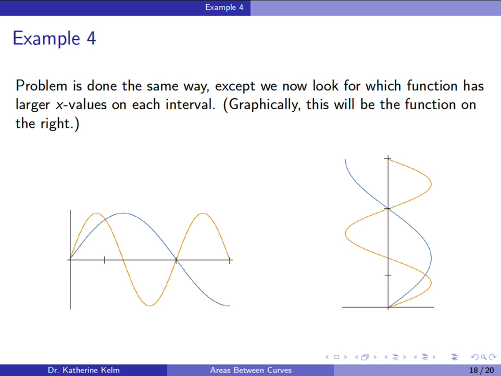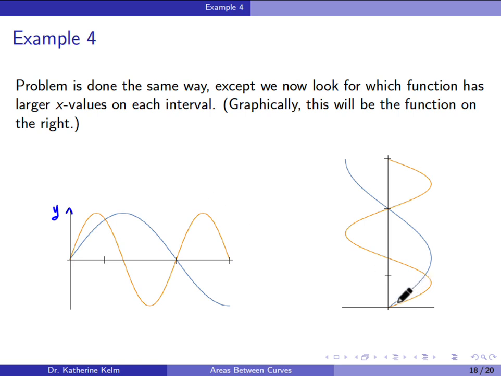Graphically, this will be the function on the right rather than the function above. When we're looking for x values for which the y values are larger, y values are ones that occur higher up on the graph.